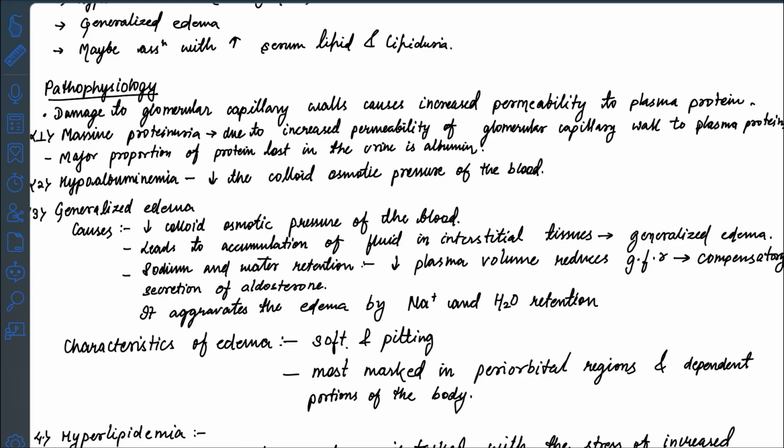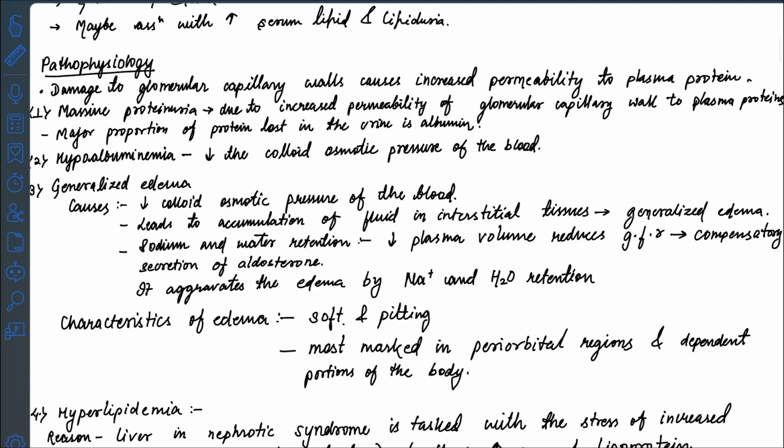This were the two features, and the third is the generalized edema. What is the cause of edema? We have seen that already there is hypoalbuminemia, there is decreased colloidal osmotic pressure. This is one of the important reason for edema. Second, there can be accumulation of fluid in interstitial space leading to generalized edema.